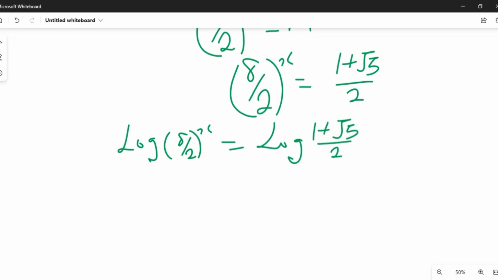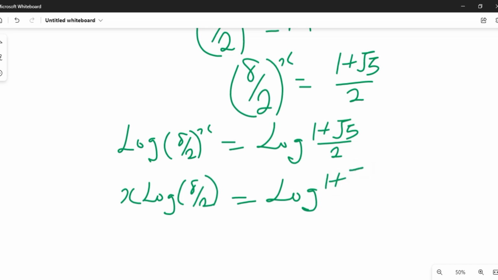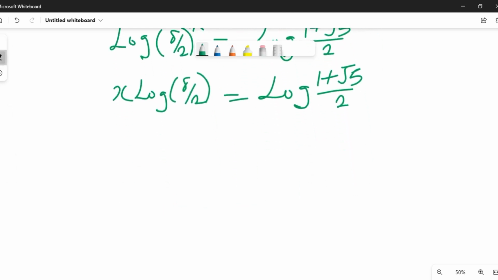Simplifying this, recalling our log rules, we'll have x log (8 over 2) equal to log of (1 plus square root of 5) over 2. So what we need to do is divide both sides by log of (8 over 2).